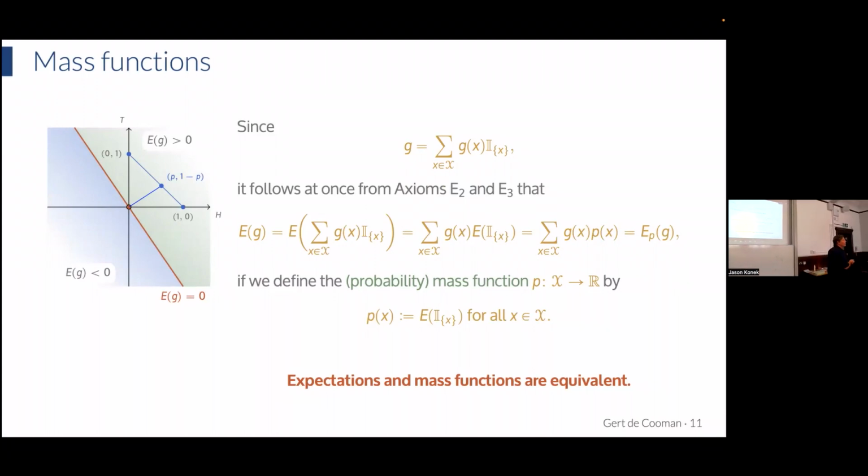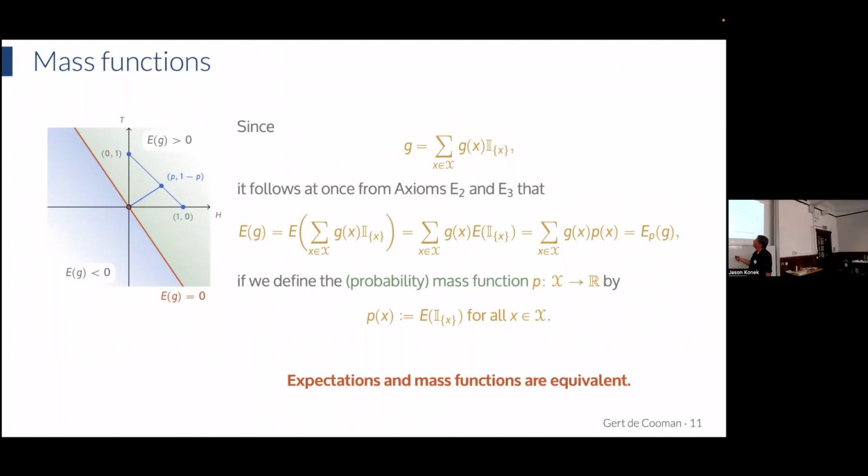If there's a finite number of values, I can see that any gamble, any G, is a linear combination of indicators multiplied by the corresponding values. This is just writing down the value of the gamble in this n-dimensional space using the standard basis. So this Ix is just a unit vector in the x direction.